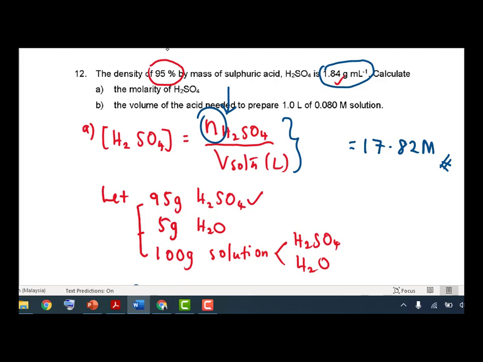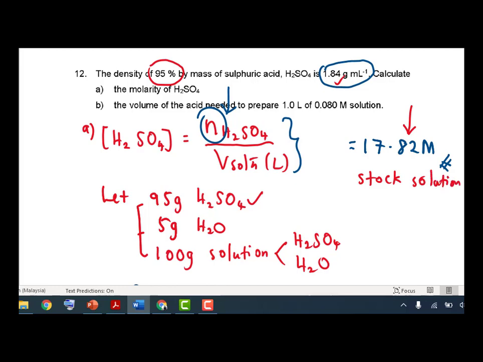Okay. Next, 12B. The volume of acid needed to prepare 1 liter of 0.08 molar. The initial concentration is 17.82. This is a very concentrated acid, your stock solution of sulfuric acid.